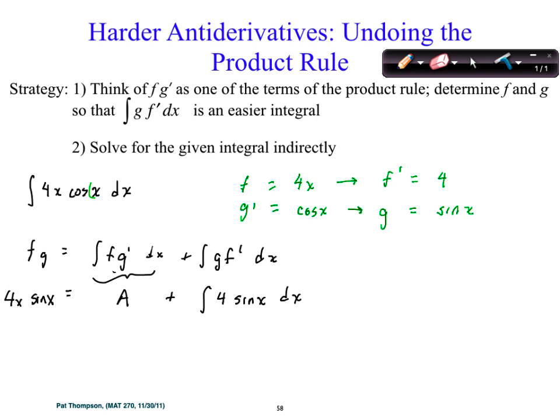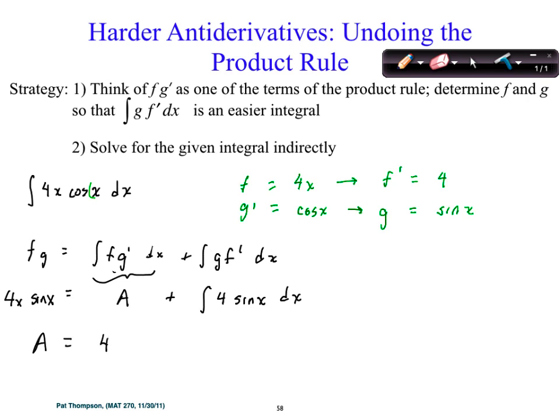The original function that we took the product rule of is 4x sine x. One of the terms in the product rule was 4x cosine x. The other term was 4 sine x. That one we can do, whereas this one wasn't immediately apparent. So now we can just solve indirectly.